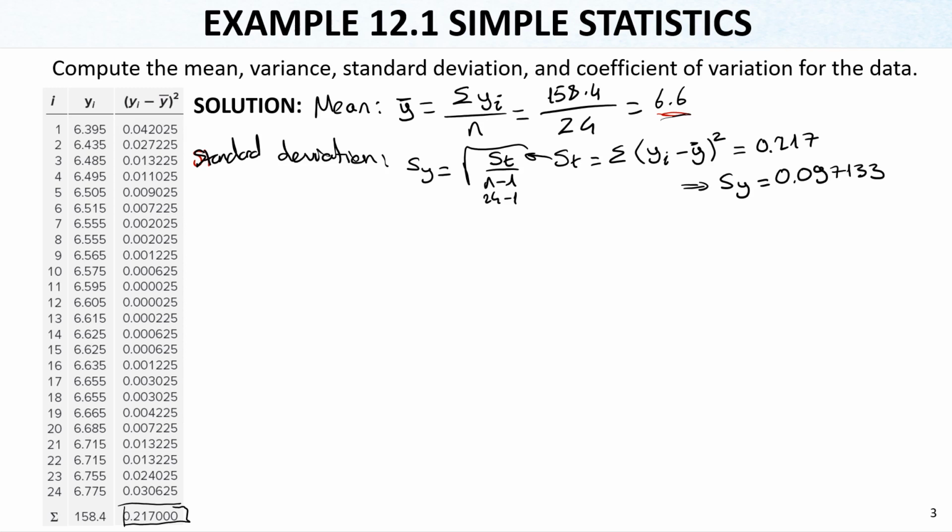We can also calculate the variance. Basically, the variance is the square of the standard deviation. So Sy squared is equivalent to 0.097133 squared, which is 0.009435. So if the standard deviation is less than 1, taking the square becomes much smaller.